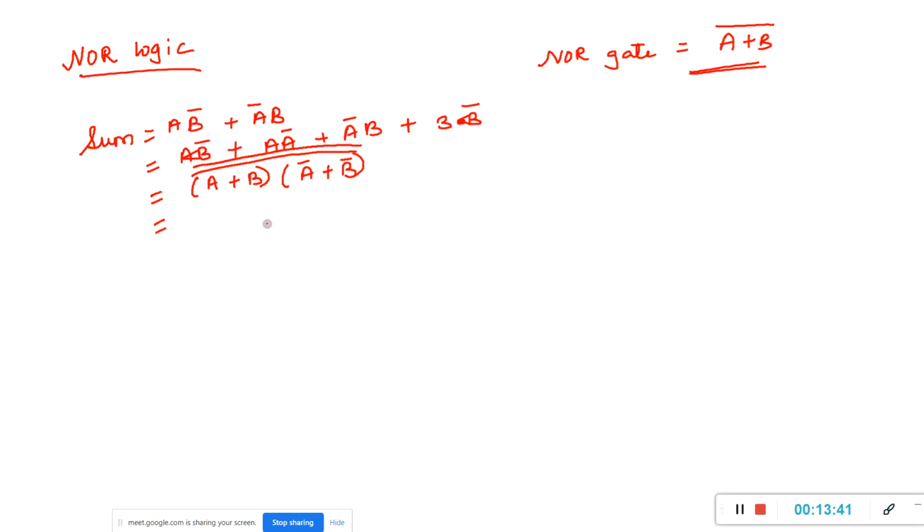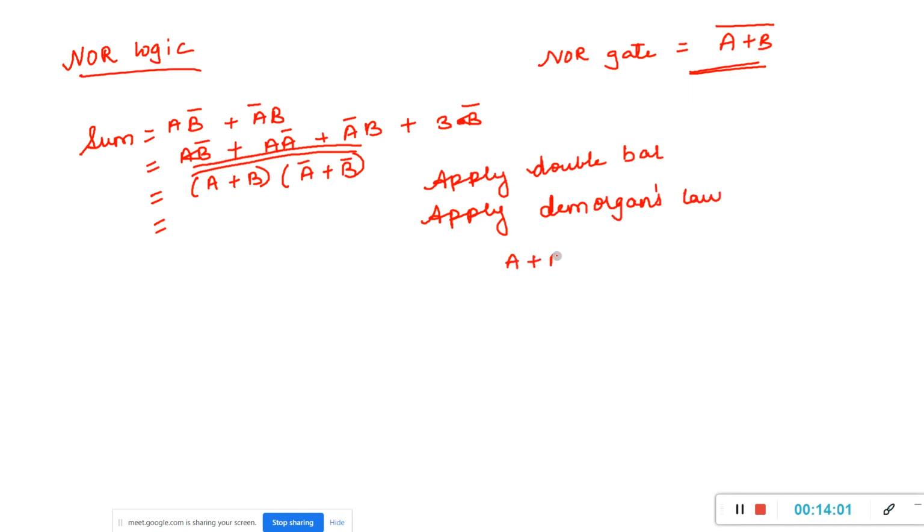After applying double bar, next apply De Morgan's law. De Morgan's law says that A plus B whole bar is equal to A bar into B bar, or AB whole bar is also equal to A bar plus B bar.